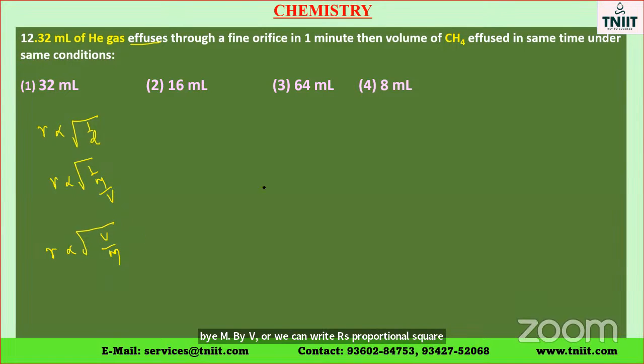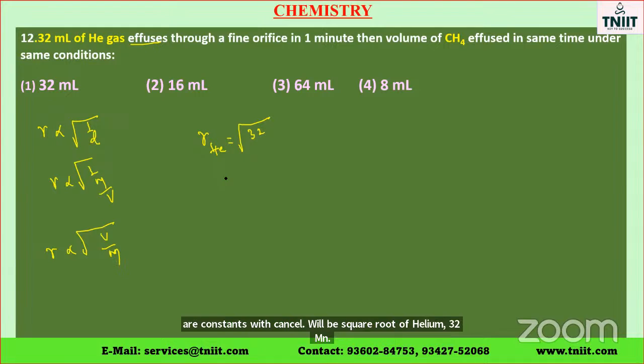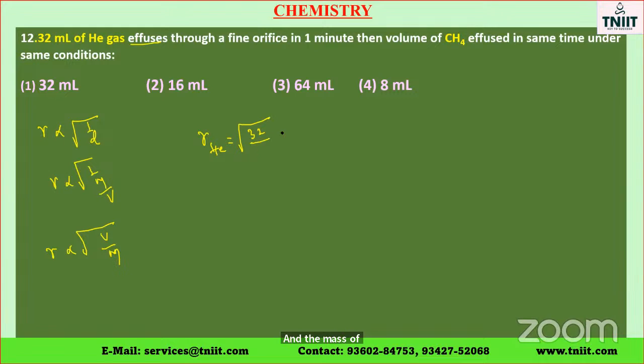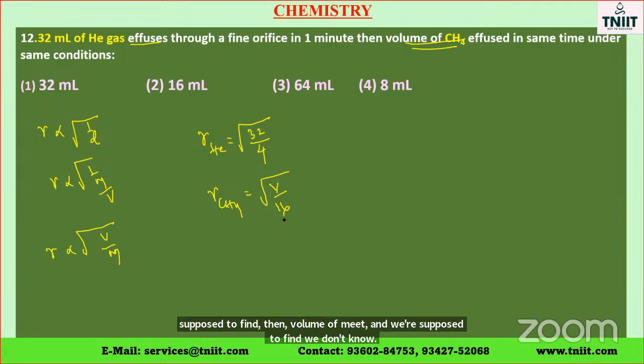Now, for helium, the rate of diffusion is proportional to the square root of 32 ml divided by the mass of helium, which is 4. Similarly, the rate of diffusion of methane is proportional to the square root of the volume of methane, which we are supposed to find, call it V, divided by the molecular mass of methane. CH4, the molecular mass of methane is 16.